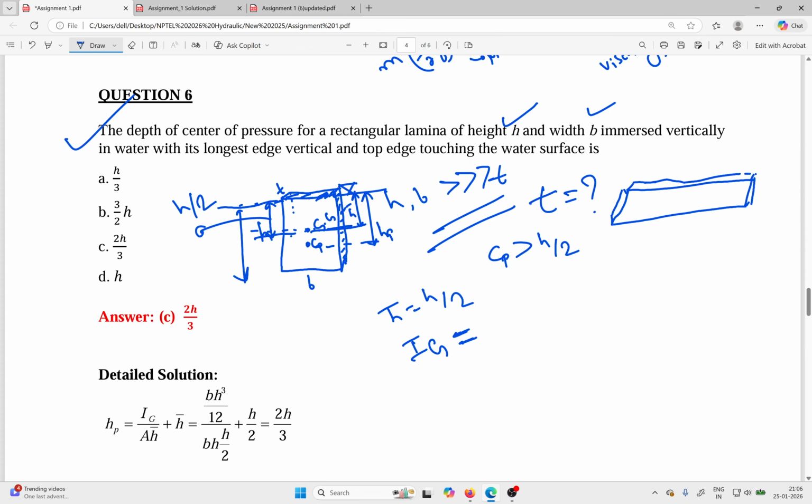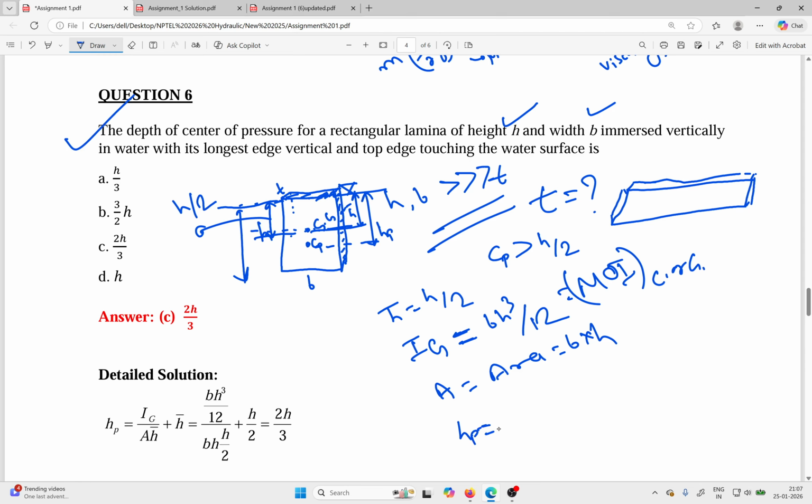So it is bh cube by 12. And what is A? A is area, b into h because it is rectangular. So you can very easily calculate.